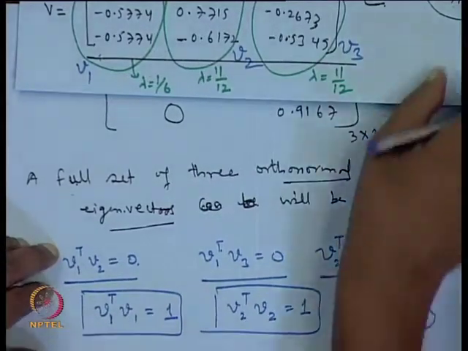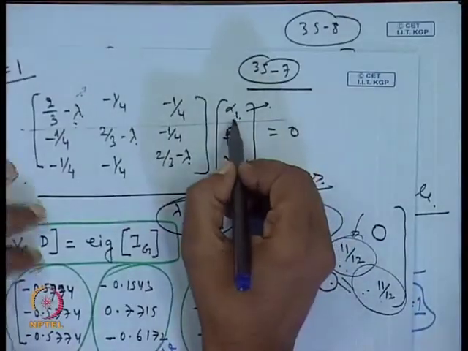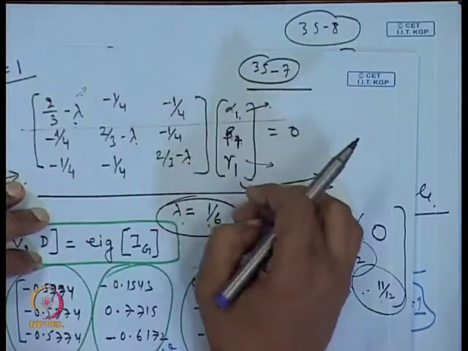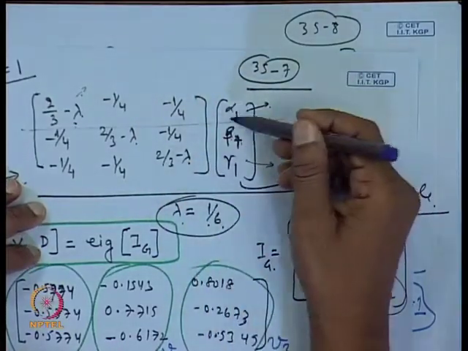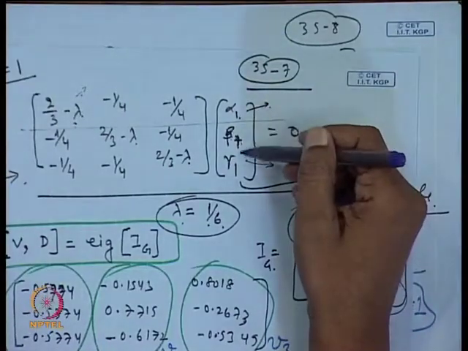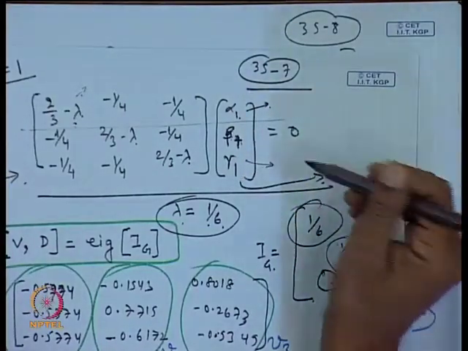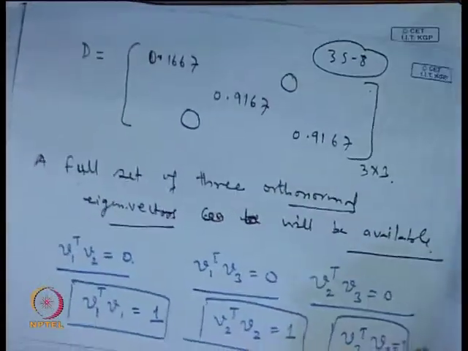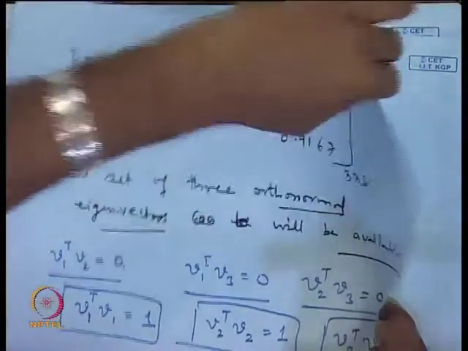So, as we stated, here we can get a number of solutions for alpha, beta 1, gamma 1, but in the normalized form it will represent a unique direction, okay, and that is the direction of the principal eigenvalue, which is the principal moment of inertia in our case.